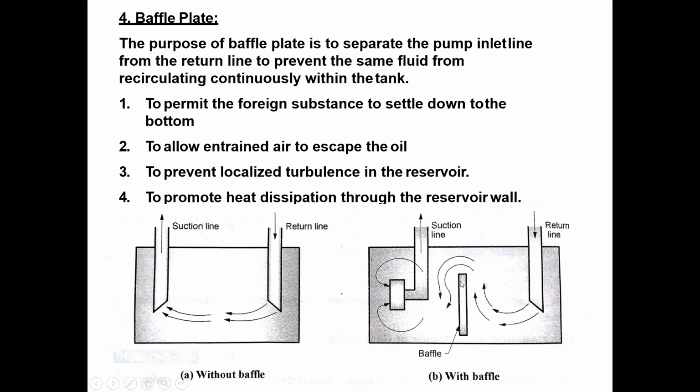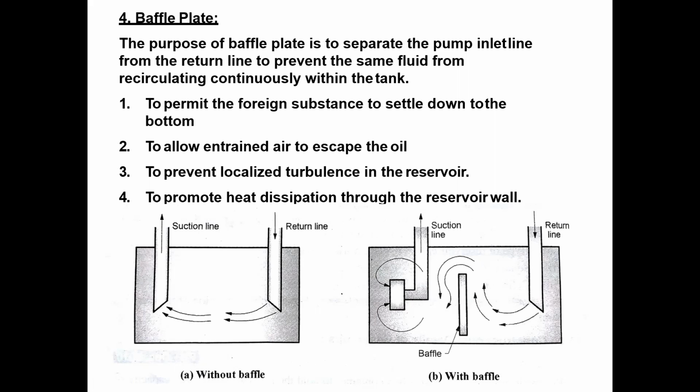During this travel of maximum distance and maximum time, it dissipates its heat to the surrounding or to the adjacent oil or to the adjacent air present around the reservoir, and it becomes cool, and this cool oil can be sucked through the suction line and circulate through the system, so that the heating of the system is avoided. So the main purpose of the baffle plate is to separate the pump inlet from the return line to prevent the same fluid from recirculating continuously within the tank.